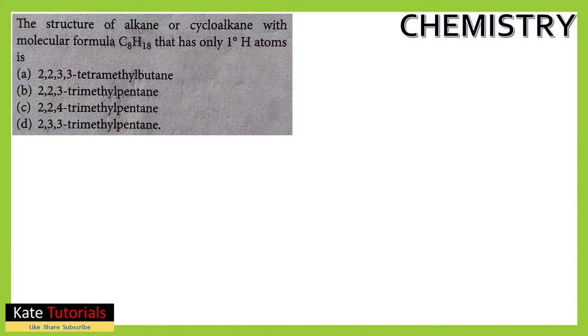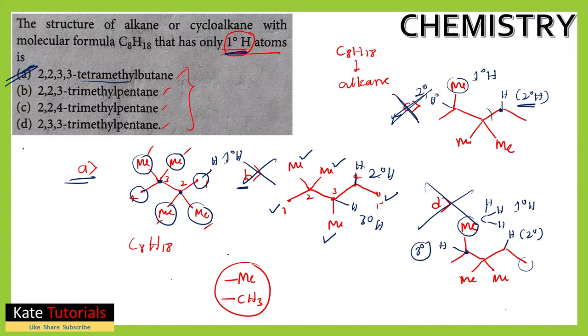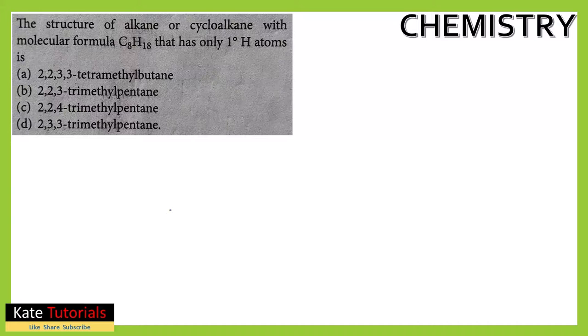If you are not clear, let me draw the structure of tetramethyl butane, then you can see again. Butane means 4 carbons, 1, 2, 3, 4. CH3 here, CH3 here, and CH3, here also CH3 and CH3.